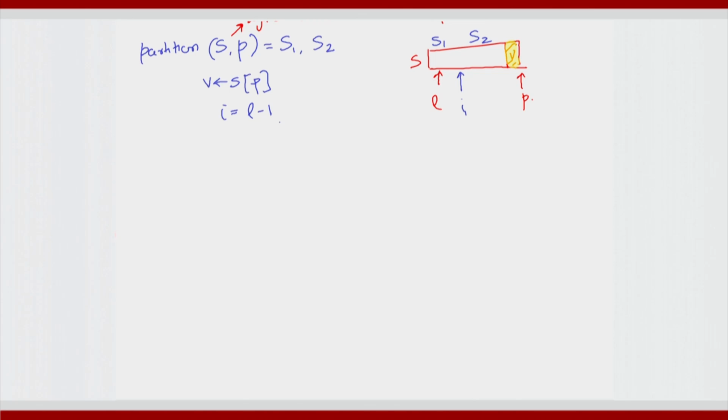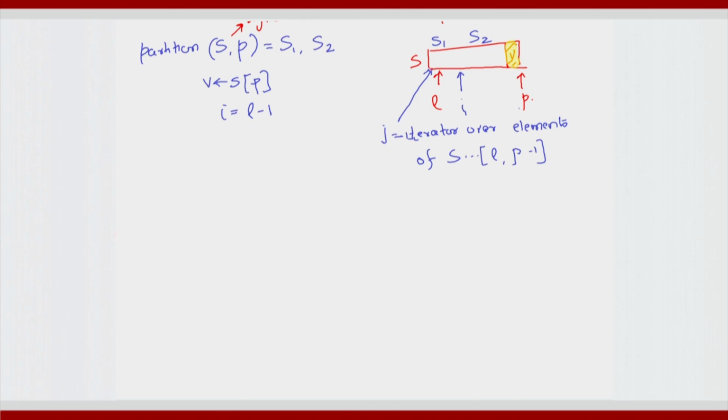Our next step is as follows. We are going to keep track of elements, iterate over the elements through an index j. So we will use an index j as iterator over elements of S ranging from L to P minus 1.